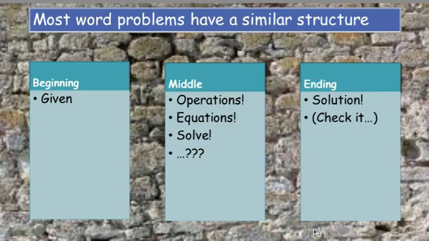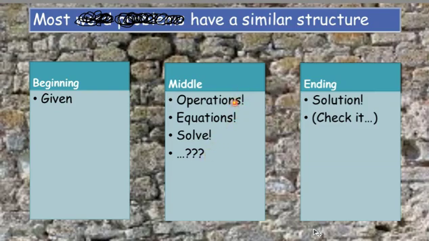And most word problems have a similar structure. That's why I call them not word problems. It's not just words. It's a story. And it's not just problems. It's a puzzle. It's not a problem. We're figuring stuff out. It's fun. All right? So, in the beginning, we have the given, what's given to us. And then in the middle, one day, we have operations. We have equations.